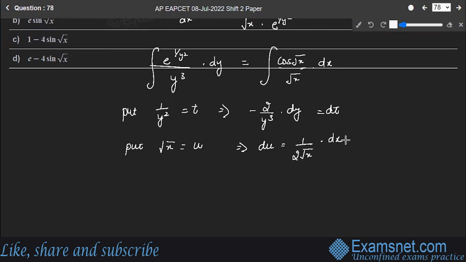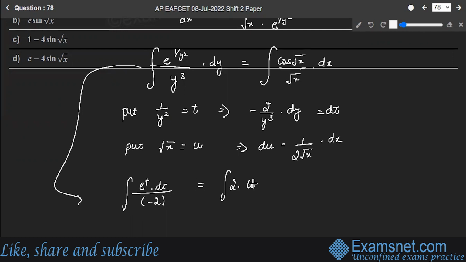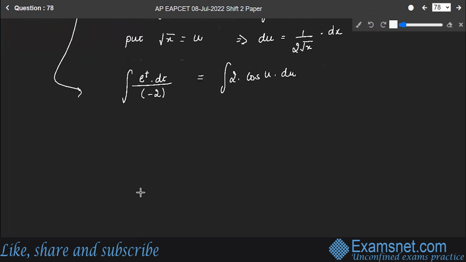Now we'll be just filling it in our problem. So this whole integration will become integral e^t dt upon minus 2, equal to 2 cos u into du. So this integral will evaluate to minus 1 by 2 e raised to power t, equal to 2 sin u plus some constant, let it be k.